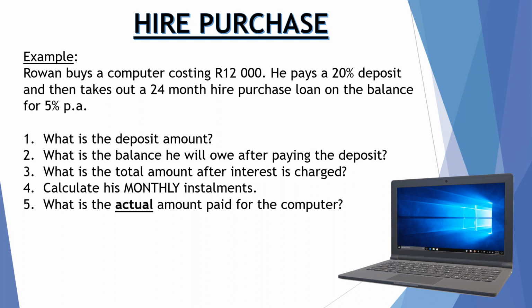So we see that word hire purchase, and we know that we are going to use this formula and no other formula to calculate the final amount owing. And then the questions are, what is the deposit amount? What is the balance that he will owe after paying the deposit? What is the total amount after interest is charged? What are his monthly installments? And what is the actual amount that he pays for this computer?